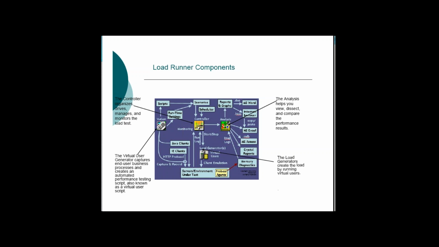Passing different values into the scripts is something called parameterization, handling dynamic values is correlation, recording options, runtime settings: how you want to record, how you want to run your script.